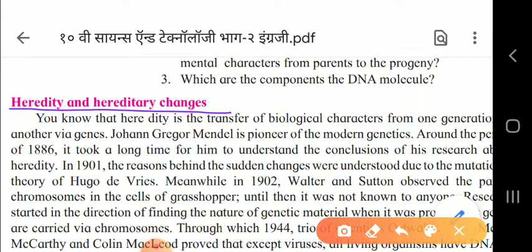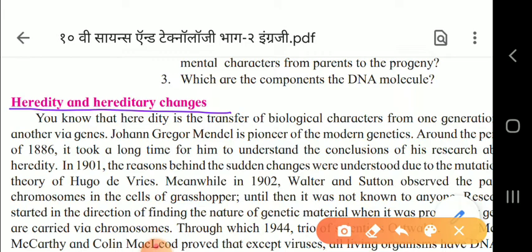So, in hereditary changes, we will see, children. First of all, I already explained to you what heredity is. That means the transfer of characteristics from the parents to the offspring or progeny is called heredity. Now, first of all, Johann Gregor Mendel was the pioneer of modern genetics.